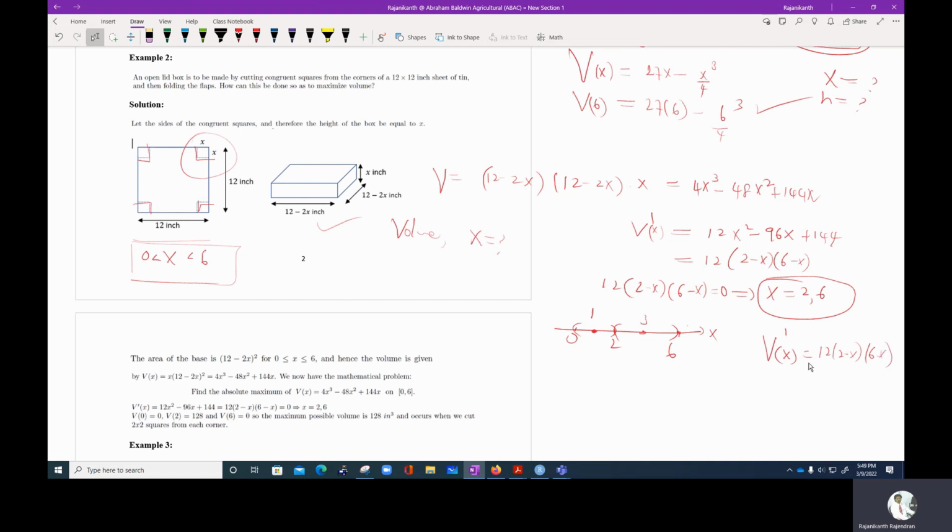Now we are going to test the values 1 and 3 in this function. So if you plug in 1 here, what will you get? 12 times (2 minus 1) times (6 minus 1). You will get 12 times negative 1 times 5. Remember, this is a negative answer, right? Therefore, you will get negative in the first interval.